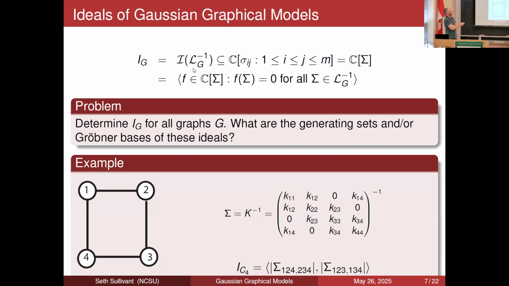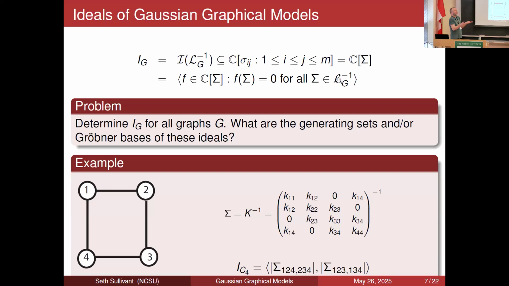That's the vanishing ideal of this inverse space, the covariance matrices. So that's sitting inside of this polynomial ring in the entries of our symmetric matrix sigma. And I'm going to take all polynomials that evaluate to 0 for every covariance matrix that lies in this inverse space.